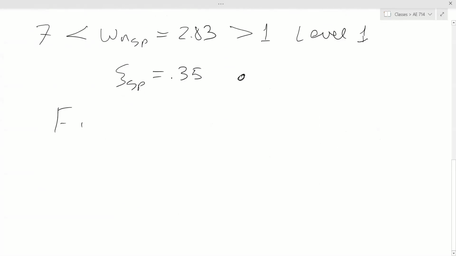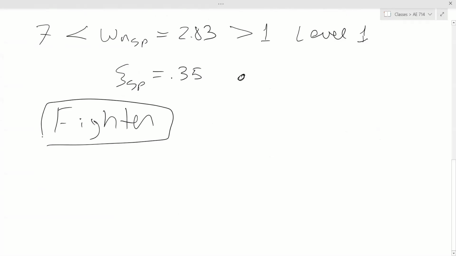So now we have the fighter. It had a complex mode with a damping ratio and a natural frequency that was given, but then it had 2 real routes. So this is non-standard stuff.